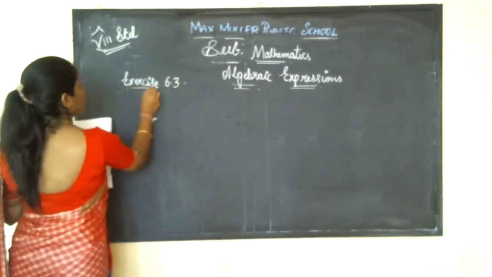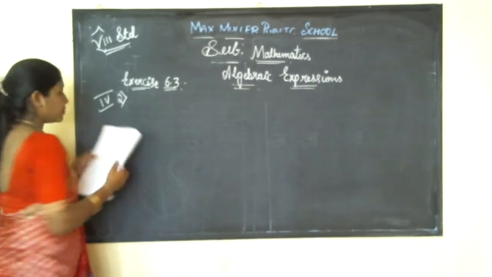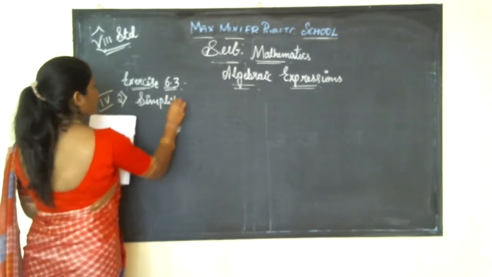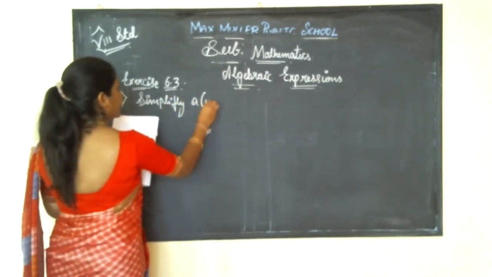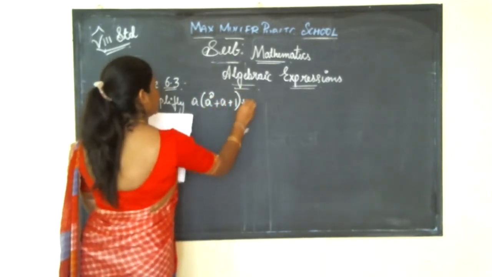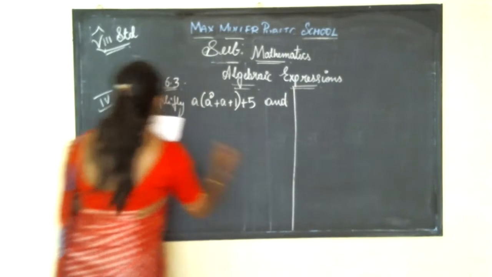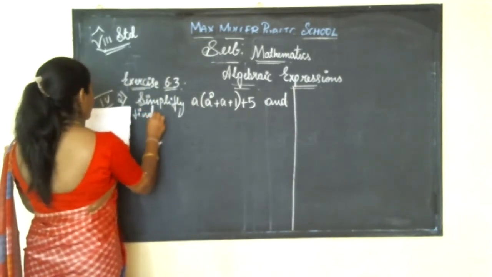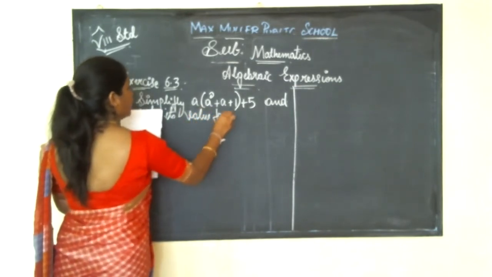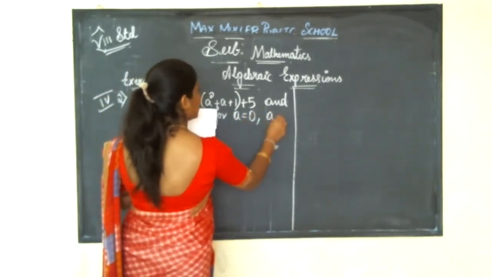Exercise 6.3, fourth sum, second problem. Simplify a into (a square plus a plus 1) plus 5 and find its value for a is equal to 0 and a is equal to 1.